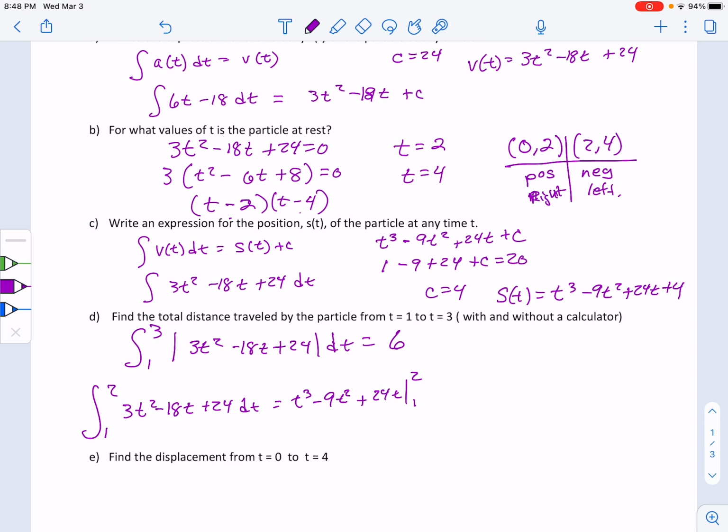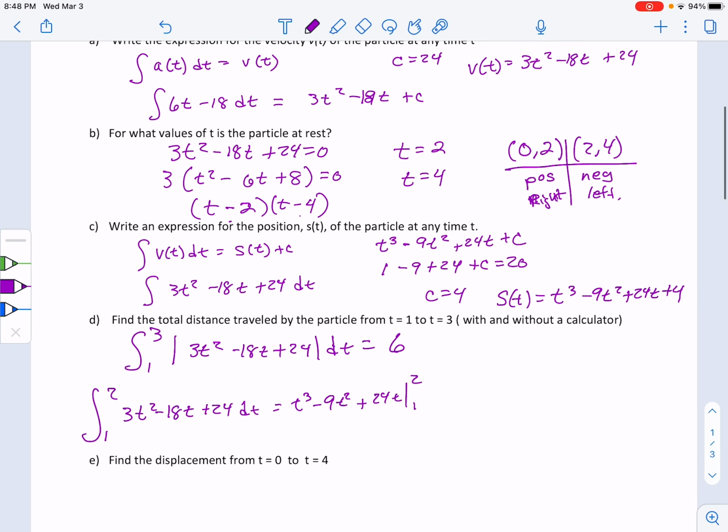And that equals 4. So what do you have? You have 8 minus 36 plus 48 minus 1 minus 9 plus 24. And you get 4. Then you got to integrate, let's change colors.